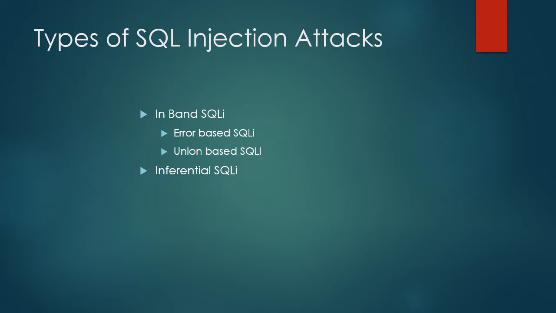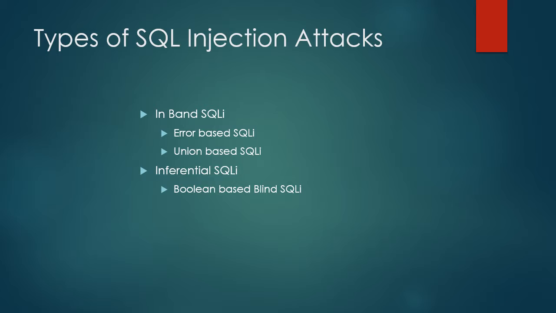A type of inferential SQL injection attack is the Boolean-based blind SQL injection attack. Here, an attacker might send a query to the database which makes the application return a different result depending on whether the query returned true or false. The attacker observes this change and infers whether it was true or false.